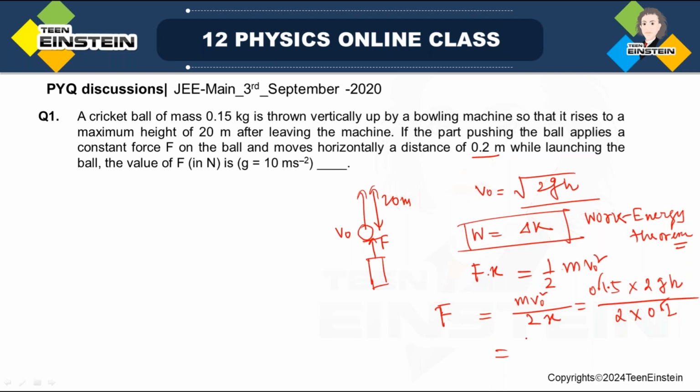So 1.5 into 2 into 10, it is given, and h is 20 meter, 2, and this is 0.2. I have already done some operation with that. So this becomes 15, right? This goes with 10. So you will get actually 150 Newton.